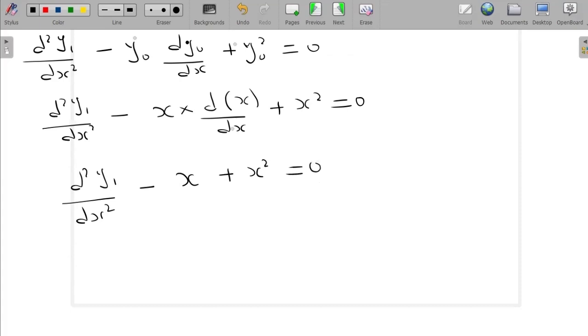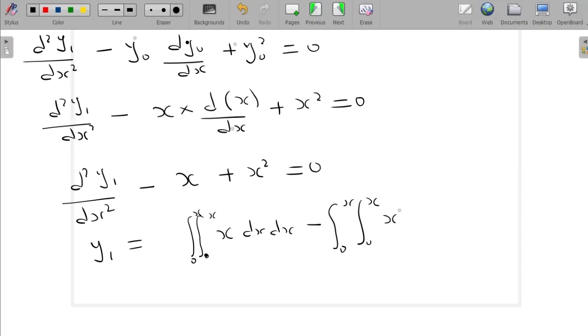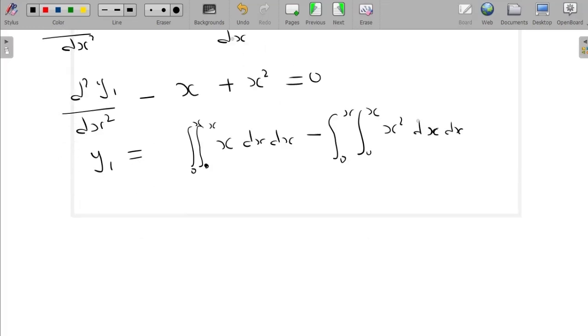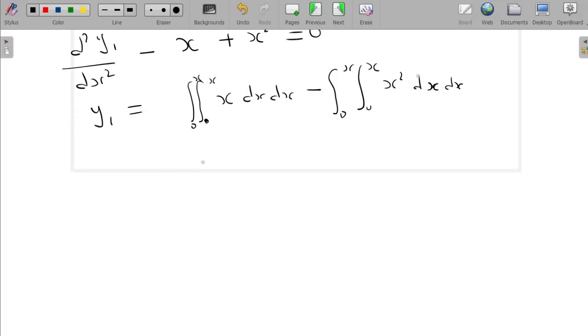So integrating both sides twice, we're going to have y1 equal to the integral from 0 to x of x dx minus the integral from 0 to x of x² dx. Integrating this, we yield x³/6 minus x⁴/12 for our y1.